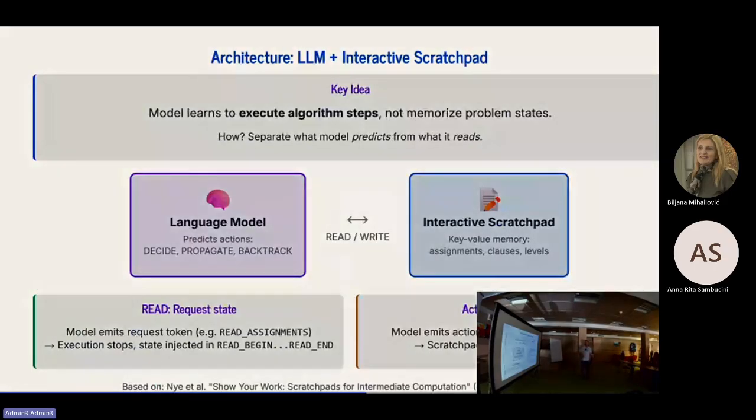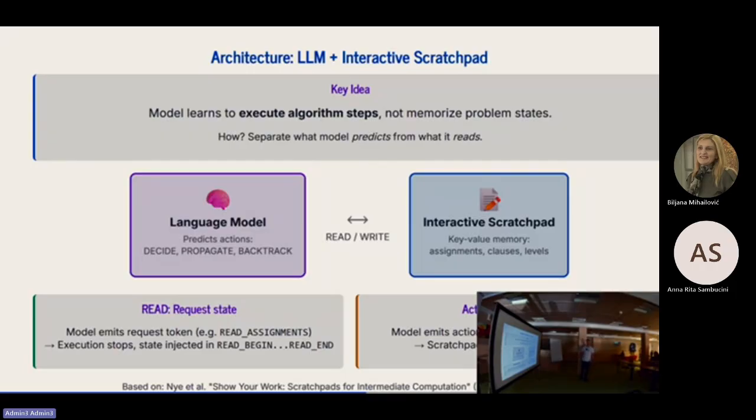I would like to continue with our architecture, how we can connect the large language models and the interactive sketchpad. The interactive sketchpad is basically from DeepMind and MIT, and it is a special store where the language model can store some information during the inference time.